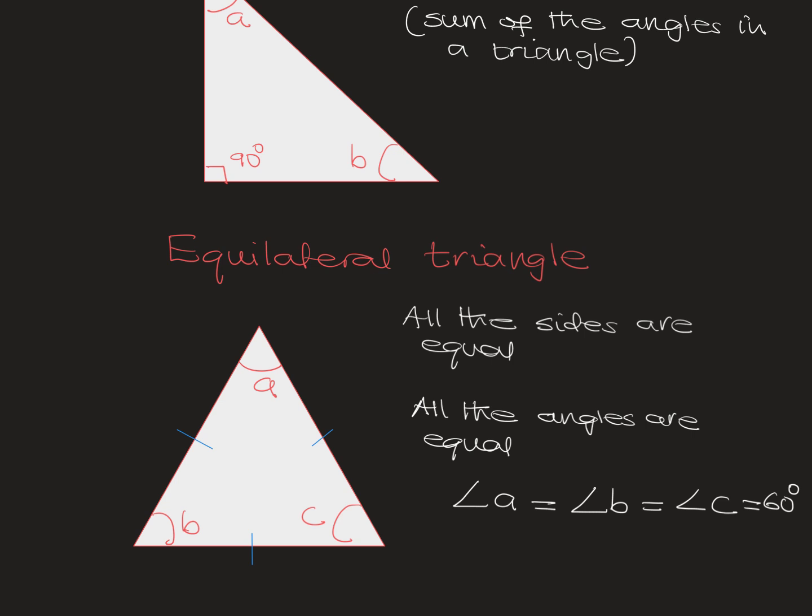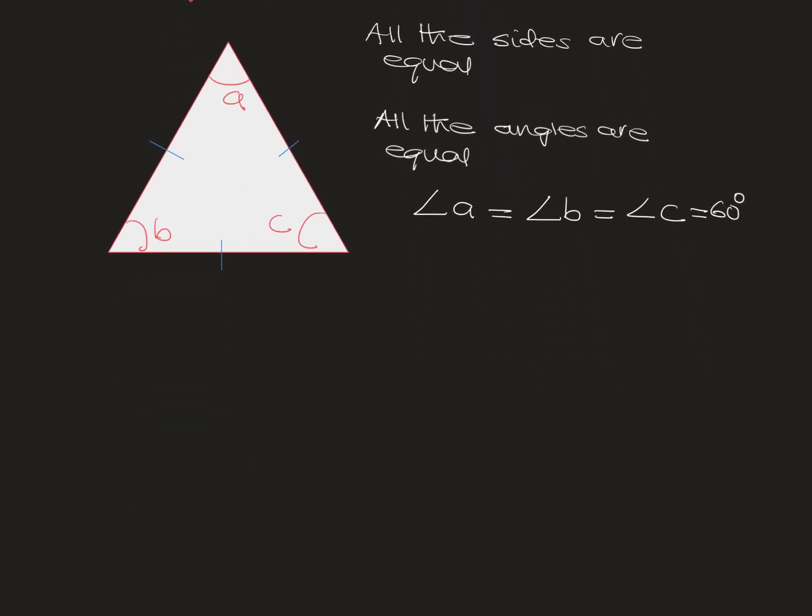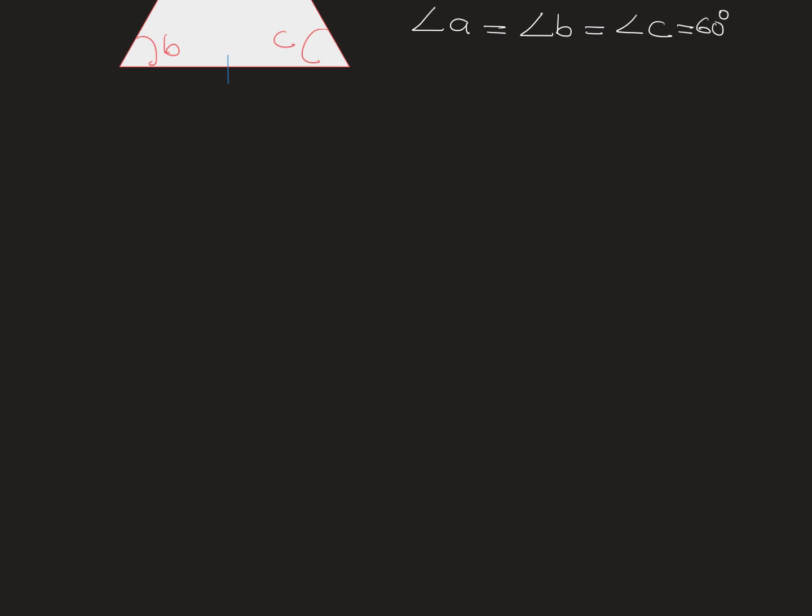For an equilateral triangle, all the three sides are equal, so we indicate that with these lines that you can see. We have a triangle here and it has all the three sides indicated with a line, indicating that all the three sides are equal. Moving on to another type of triangle that is called isosceles triangle.